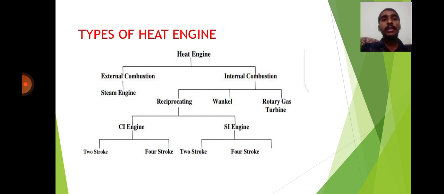In reciprocating engine, there are two types: CI engine and SI engine. CI is compression ignition, and spark ignition is SI engine. CI engine and SI engine can be a two-stroke engine or a four-stroke engine.